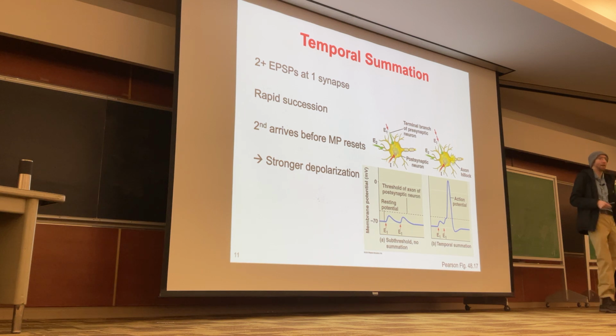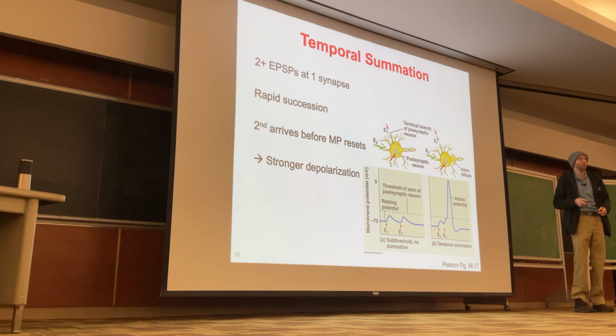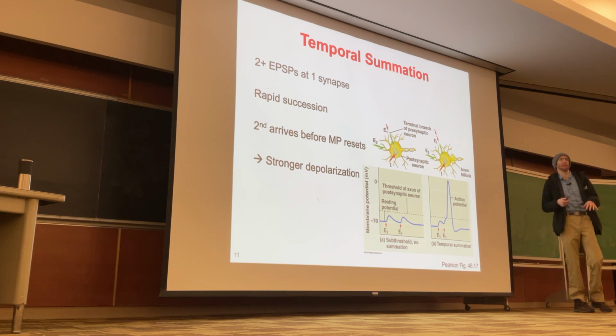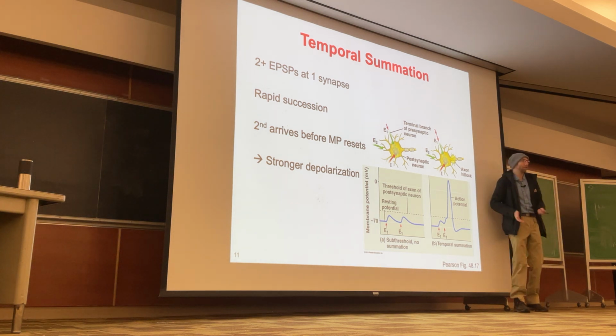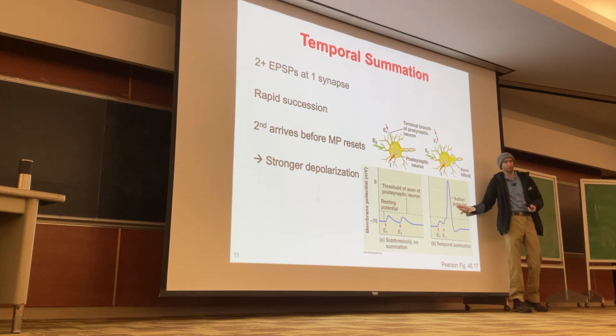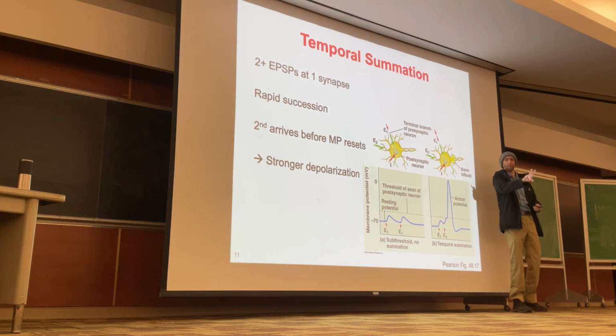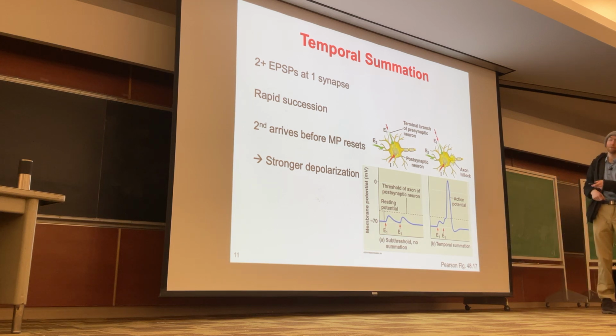So the dotted line is about -55, and that's what we talked about last time. That opens up the voltage-gated sodium channels. So if you don't hit that threshold, you don't open up the voltage-gated channels, no action potential happens. And once you hit it, then you're good. Second, you got that one. Did we get both? You got both. What does MP stand for? Membrane potential. MP is membrane potential.